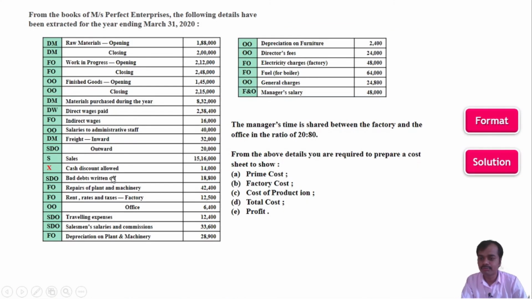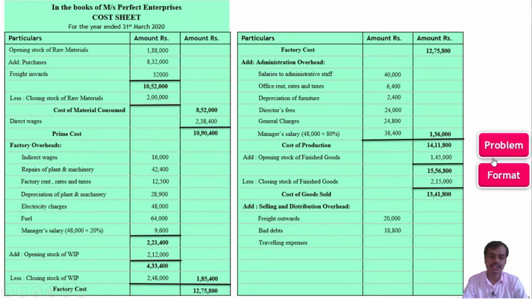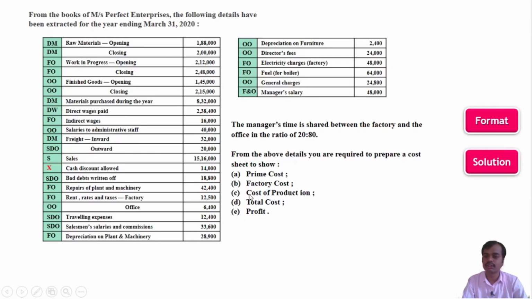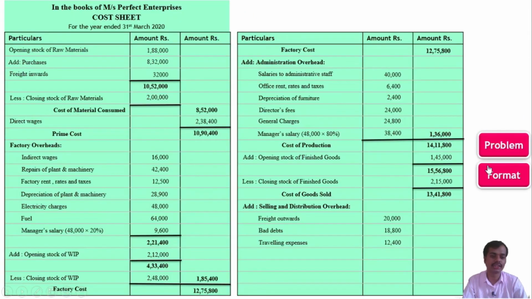Next item is traveling expenses 12,400. Let's take traveling expenses 12,400. The next item is salesman salaries and commission 33,600. Let's take salesman salaries and commission 33,600.